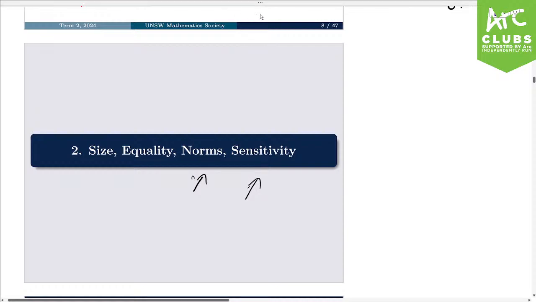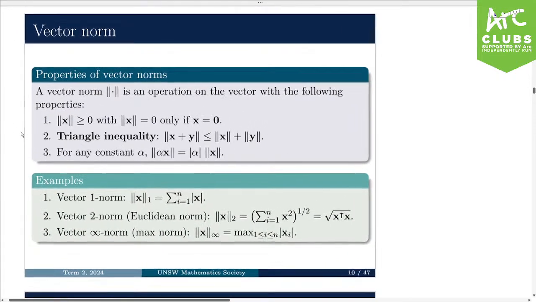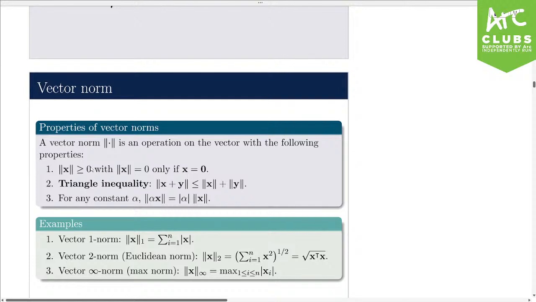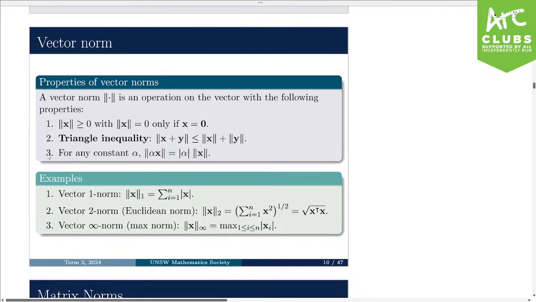So at the end of this topic, this topic basically builds up to seeing what we can say about the numerical stability of a linear system AX is equal to B. So we'll start by introducing vector norms, which I think most people will be familiar with by now, but if not, then here's a recap.